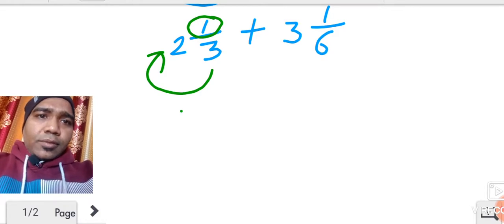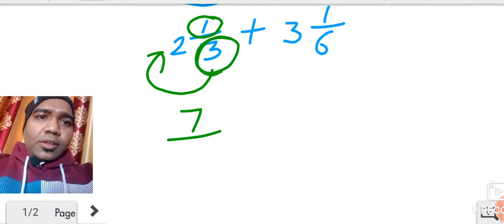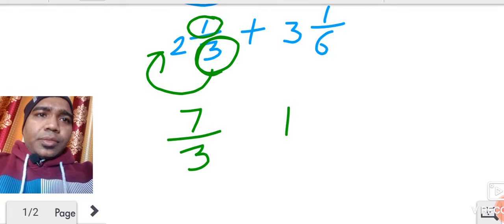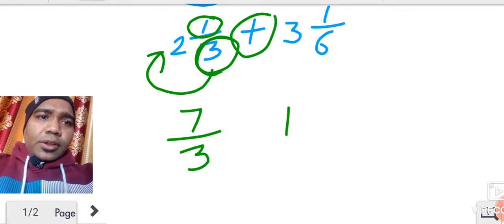How much will you get? 7. So in the numerator you will write 7, and whatever is in the denominator, 3 is there, so the denominator you will write as it is, 3. 7 by 3. Now the plus is there, so we'll write the plus here.